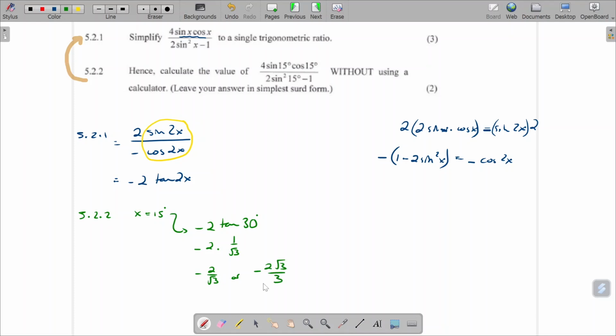Okay, now for me, when a question says to me, don't use a calculator, what I like to do is I like to check my answer using the calculator because that tells me that my answer is correct and tells me that I can then move on with a large sense of a warm, fuzzy feeling of knowing that I've got the marks.